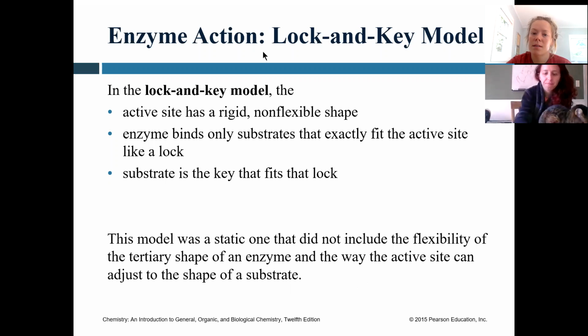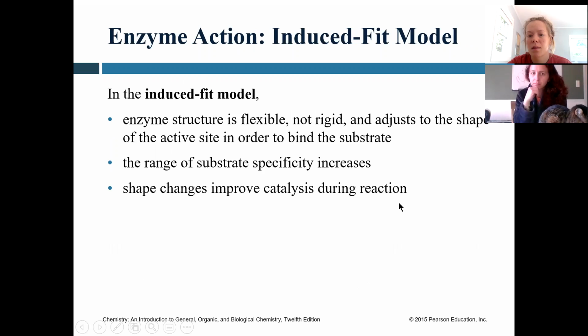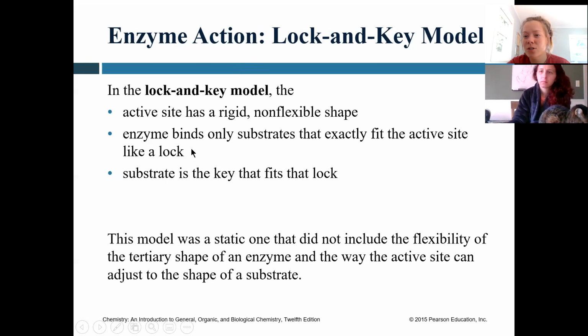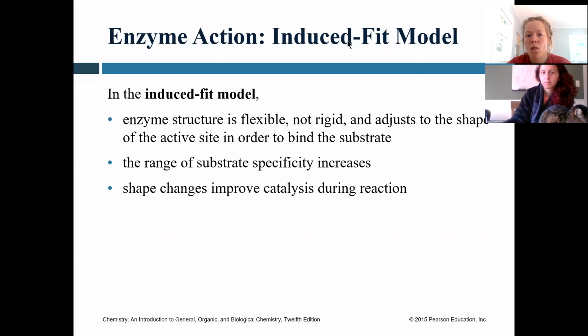So this was a very simplified version. This is not really what's happening. This actually wouldn't be a very effective catalyst. It's too rigid, right? Its shape is that enzyme site. It's like you gotta nail it, or you're not going to be able to run the reaction.